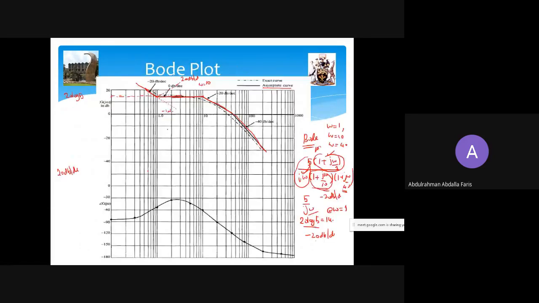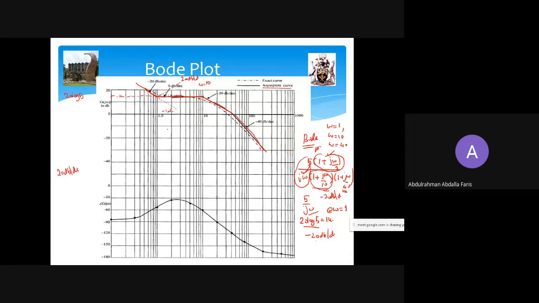Any other question? Normally questions come like, you need to plot this. You are given a transfer function, you plot it, and then later on you are told to get the phase margin and the gain margin.